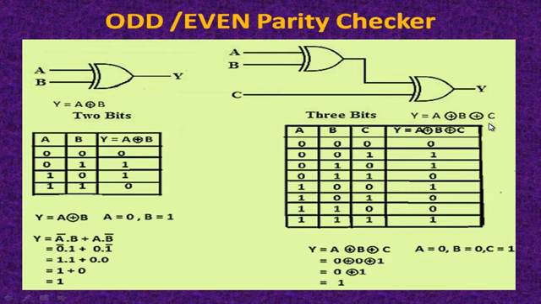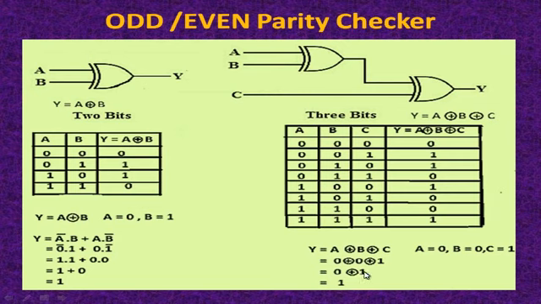Okay. Now how to solve this equation? Let us see. I have explained here one case. Second case: if A is equal to 0, B is equal to 0, C is equal to 1. A 0, B 0, C 1. By putting the values, 0 XOR 0 XOR 1. As we know, 0 XOR 0 will be 0.